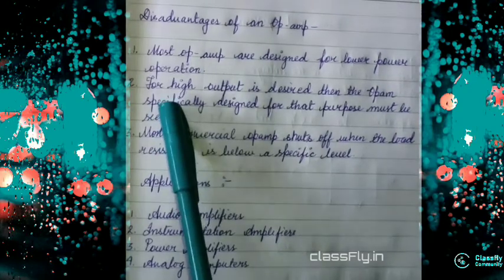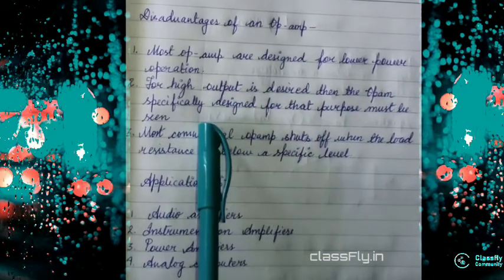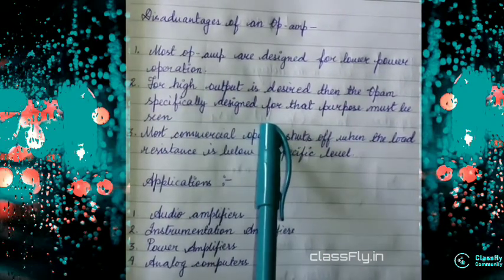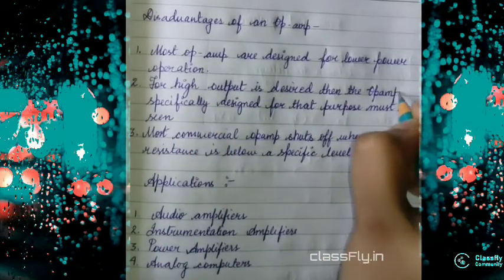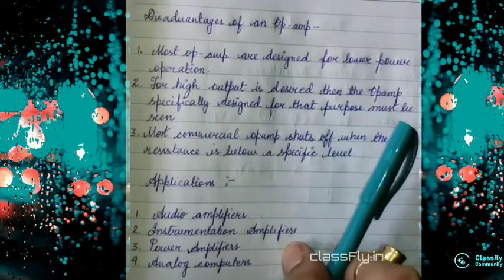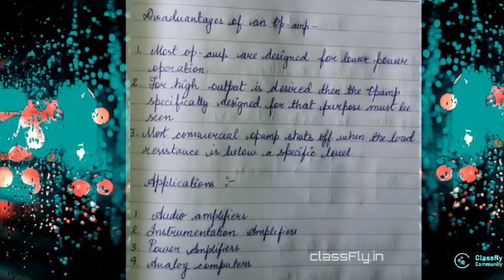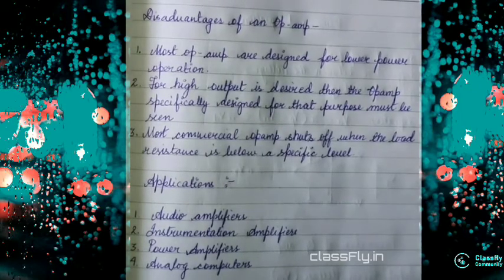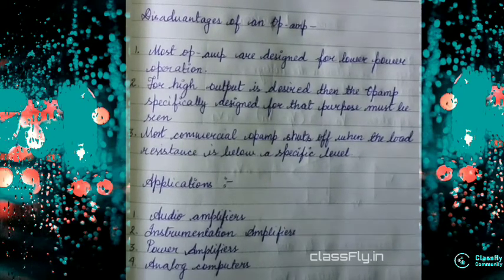The second point is that if high output is desired, then an op-amp specifically designed for that purpose must be used. For high output, we need to see all the parameters and all the components so that we can get the desired high output.